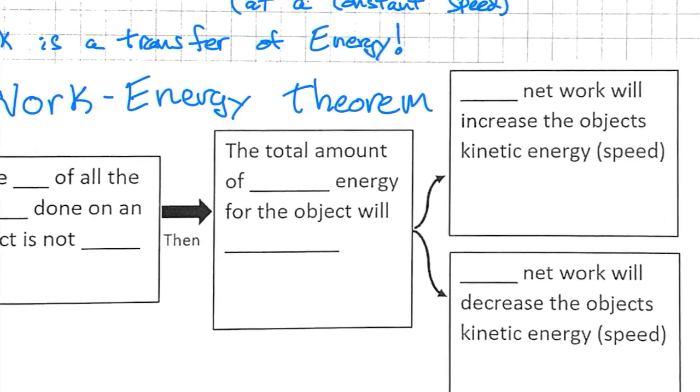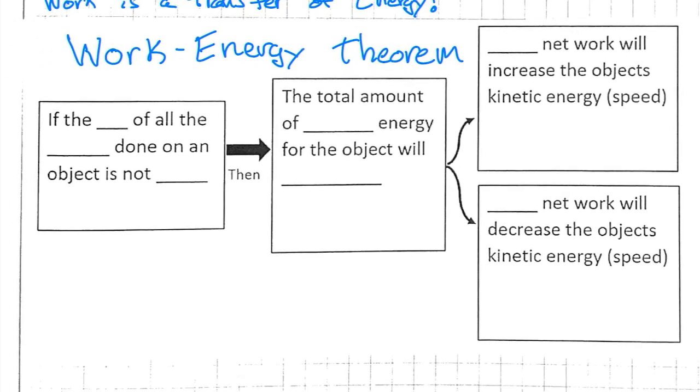And the work energy theorem basically says that if you take the sum of all the work done on an object, and it is not zero, and work is a scalar quantity. It could be positive, it could be negative. Positive work symbolizes a gain in energy. Negative work symbolizes a loss in energy. So if you add up all the work done and you get zero, you have no change in energy.